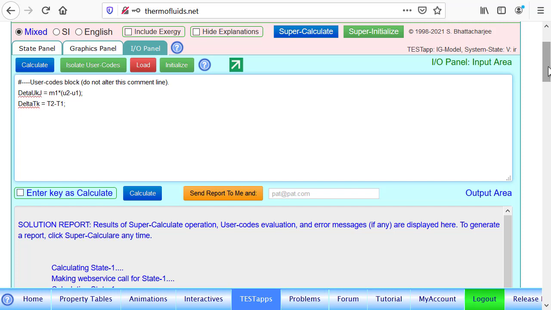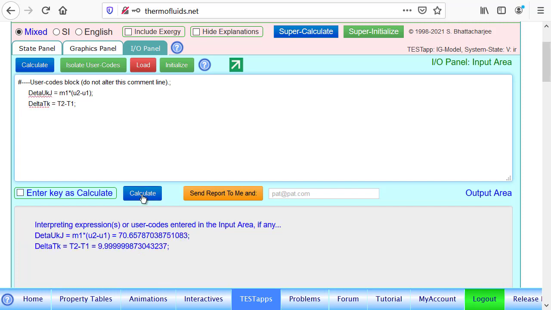Okay, so far so good. So we calculated delta U and delta T, and their ratio is our Cv, whose unit will be kilojoule per kg K, equal to delta U in kilojoule divided by delta T in Kelvin. Let me change that to capital K.